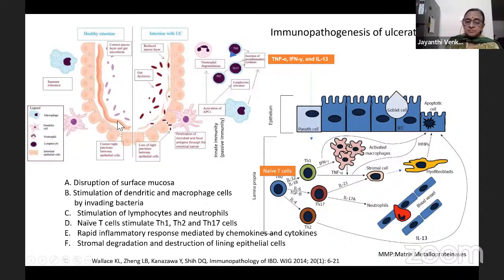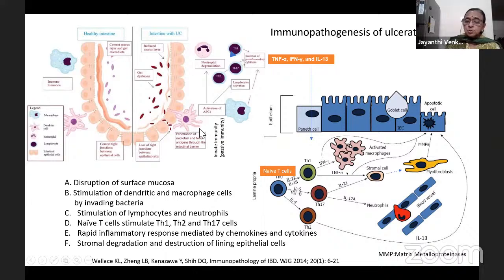So the first defense mechanism of the colonic mucosa is the mucin, as well as the goblet cells, as well as the Paneth cells. In patients with inflammatory bowel disease, due to either a dysbiosis of the gut or due to inflammatory pathology, the mucin layer gets distorted and there's a leaky intercellular pathology, as a result of which there's leakage of the bacteria or the environmental factors into the lamina propria and the submucosa.